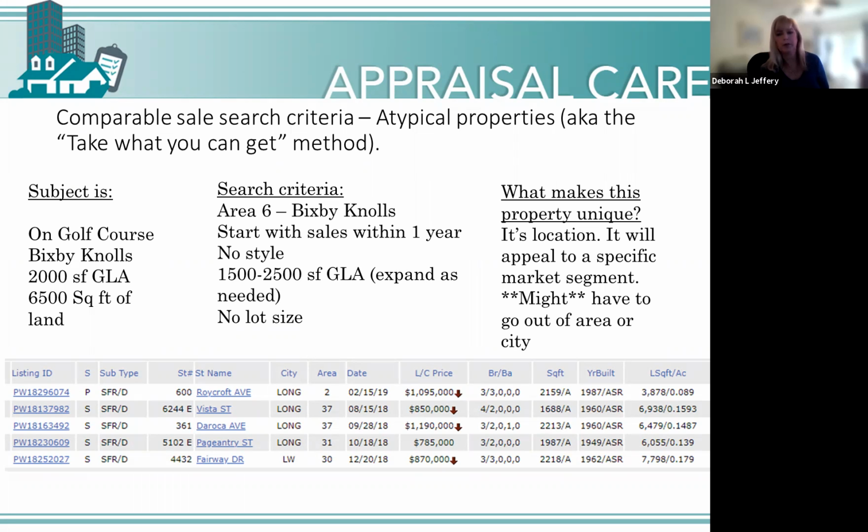But sometimes you have to, that's all there is. And you have to try to figure out how much more people pay in this neighborhood as opposed to this neighborhood, and maybe do an adjustment because one neighborhood's more desirable and typically goes for more.